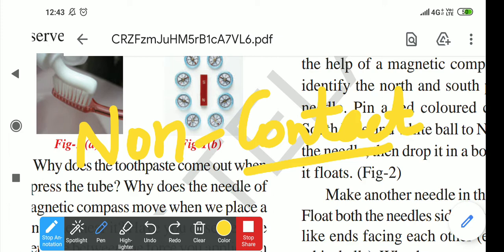Contact means two or more objects are in contact, then there arises a force due to which they are in contact, called contact force. If two objects are at a distance and there is force arising between both, they are called non-contact forces. So I think you understood the difference between the contact and non-contact forces. Non-contact forces are also called forces at a distance.